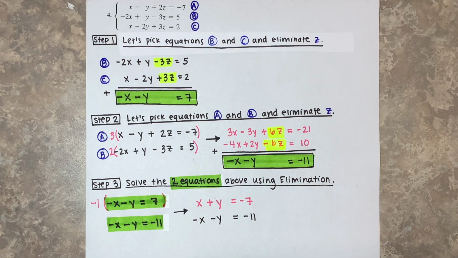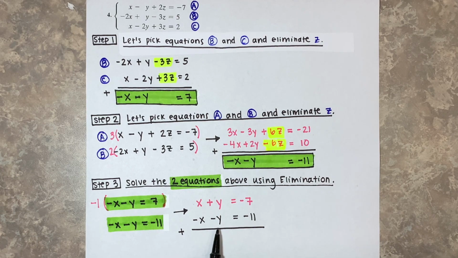Now, I had intended for the x's to have matching but opposite coefficients, and they do. We have 1x and -1x, but it just so happens that the y's also have matching but opposite coefficients. We have 1y and -1y. So let's see what happens when we add these two equations together. X plus -x gives us 0, so the x's are eliminated.